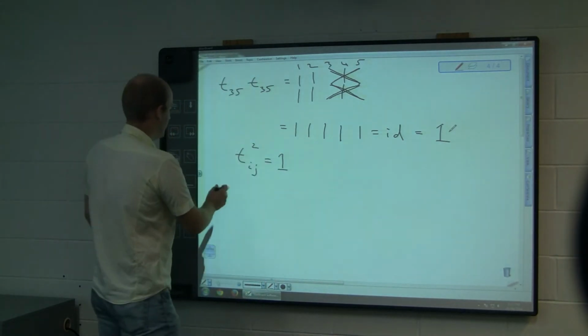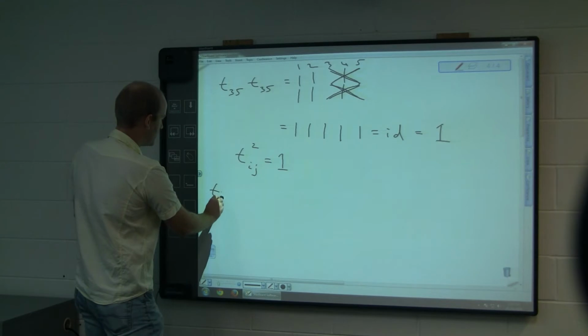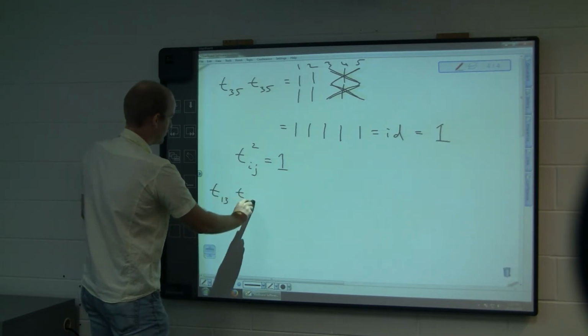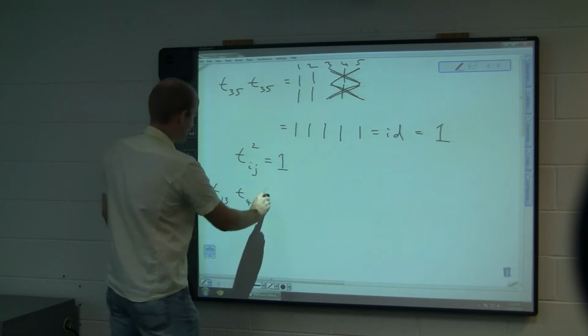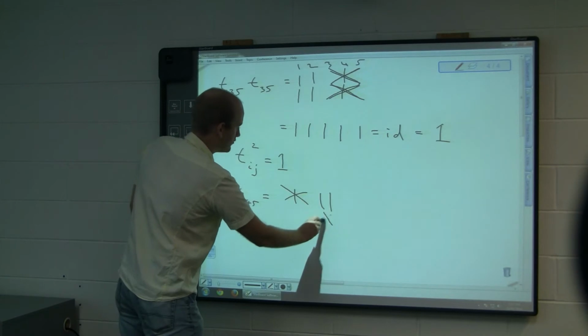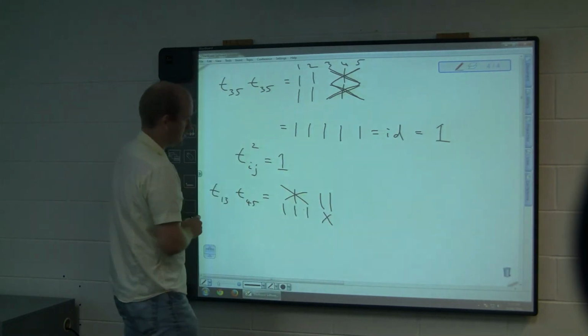All right. What if in your product of transpositions you had T13 followed by a T45? Well, that would mean we switch 1 and 3, and then we switch 4 and 5. Okay.